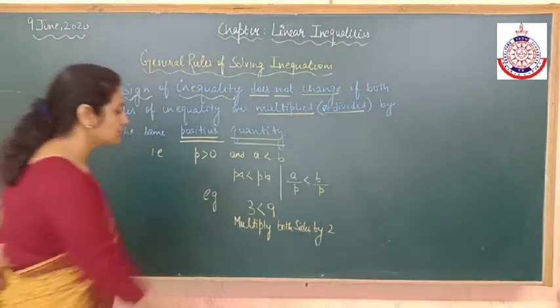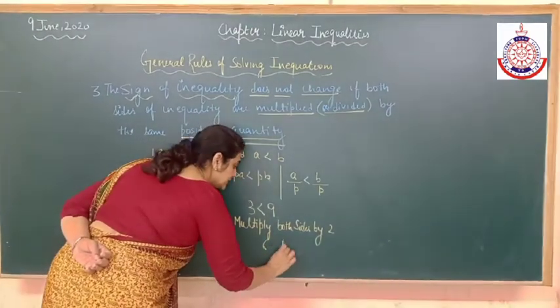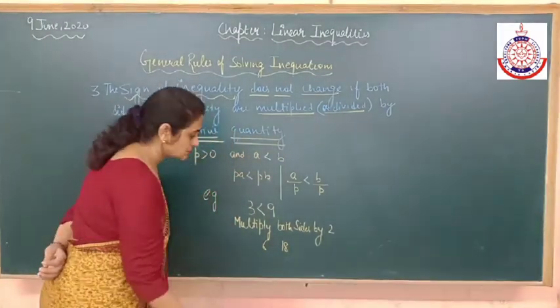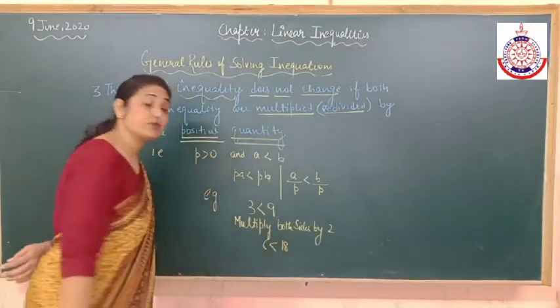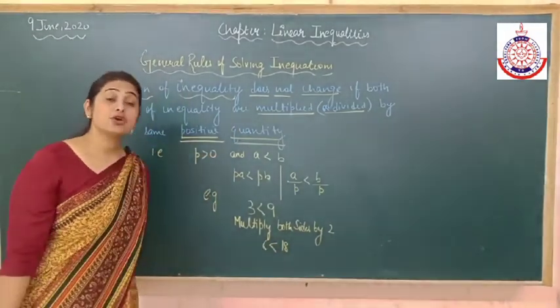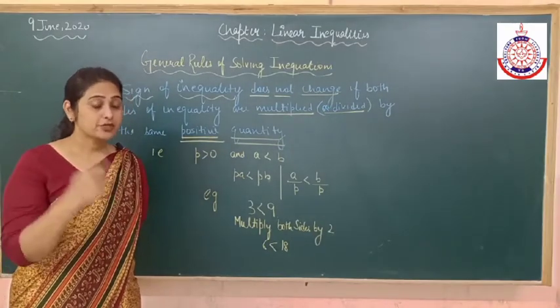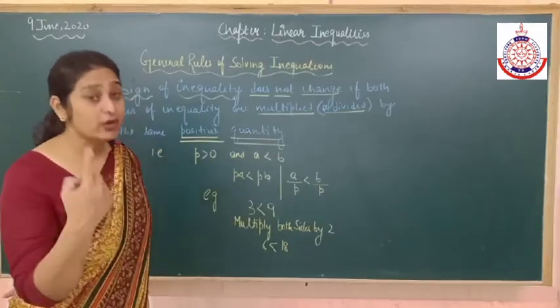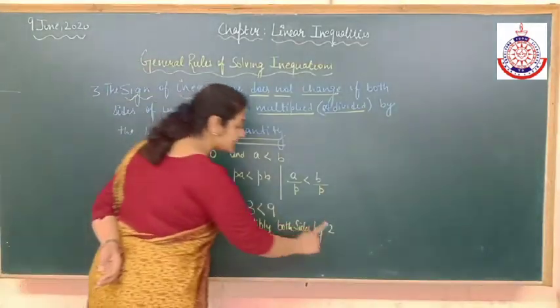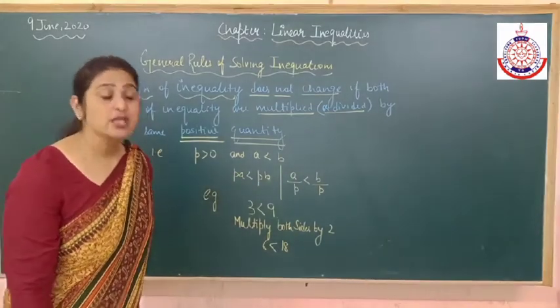What will happen? 6 and 18. 6 is less than 18, so the sign of inequality does not change. So if I multiply both sides by a positive number, the sign is to be noted, because the next rule will be for negative numbers. If both sides are multiplied by a positive number, the inequality does not change.